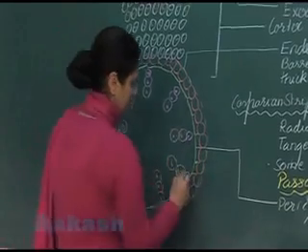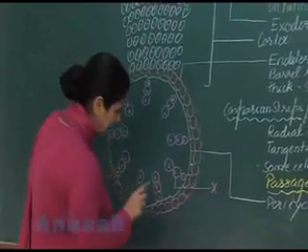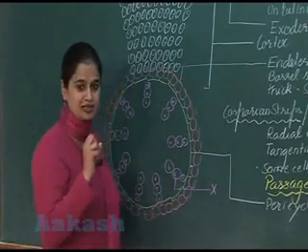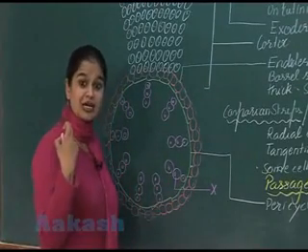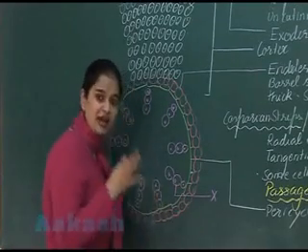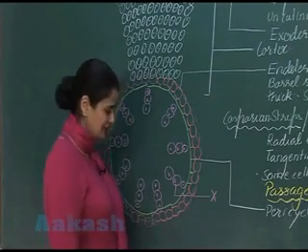Xylem bundles. So you can see here, these xylem elements, they are smaller in size. The smaller size elements, they are known as protoxylem. These elements, they are larger in size. These elements, they are going to represent metaxylem.